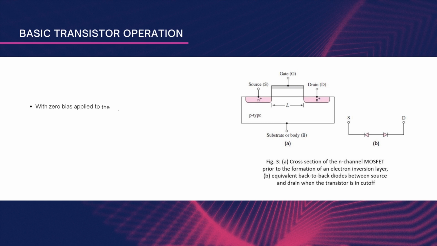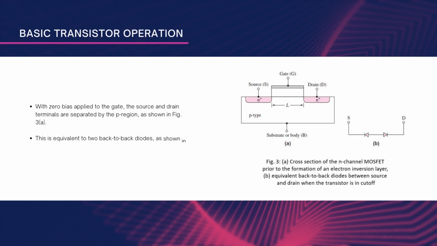With zero bias applied to the gate, the source and drain terminals are separated by the P region as shown in figure 3a. This is equivalent to two back-to-back connected diodes as shown in figure 3b. The current in this case is essentially 0, or no current flows.